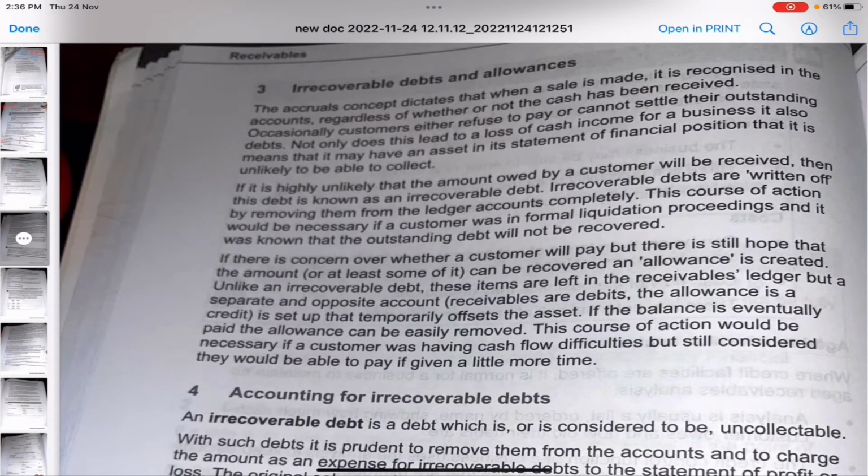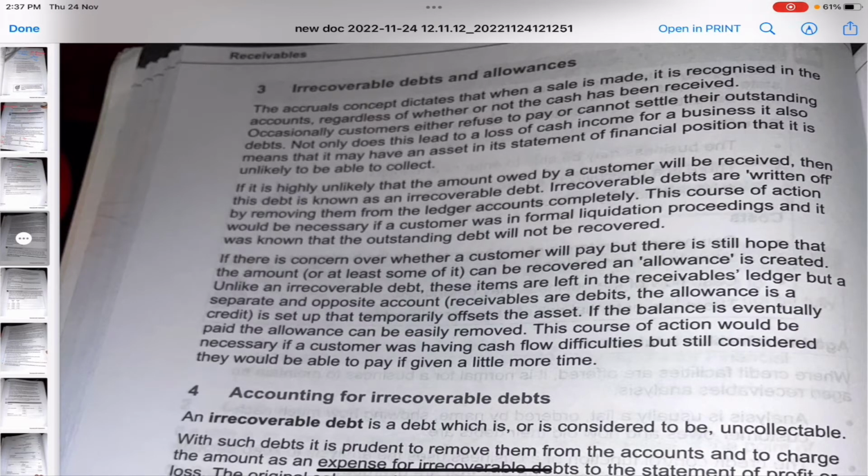Irrecoverable debts are written off by removing them from the ledger accounts completely. This course of action would be necessary if a customer was in formal liquidation proceedings and it was known that the outstanding debt will not be recovered. So, as we have discussed earlier, if we know that someone will not pay the money, it becomes our irrecoverable debt.